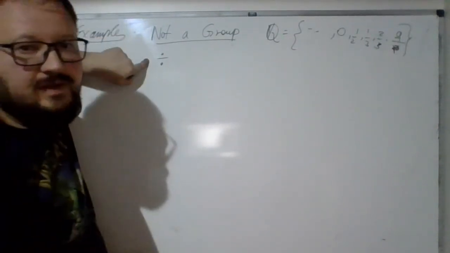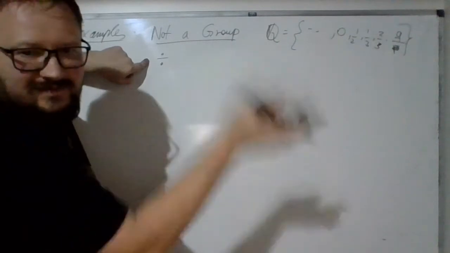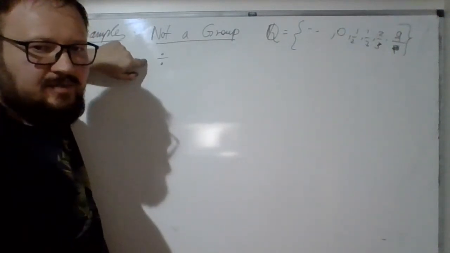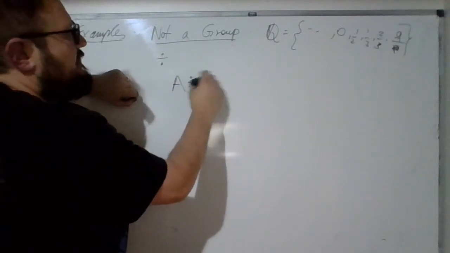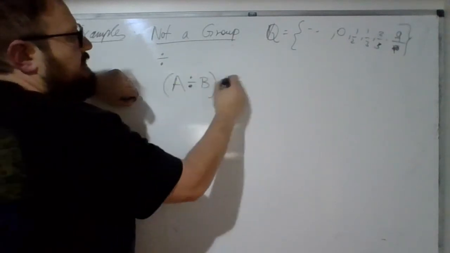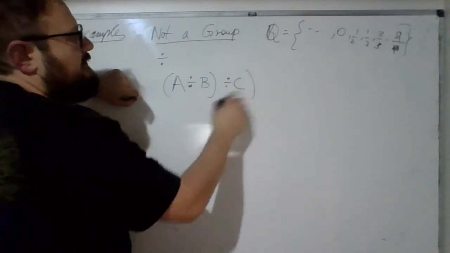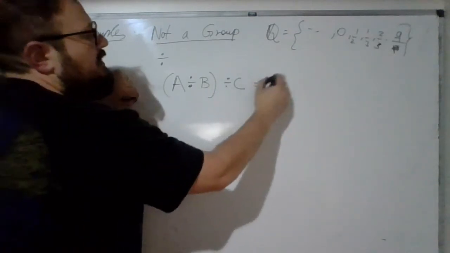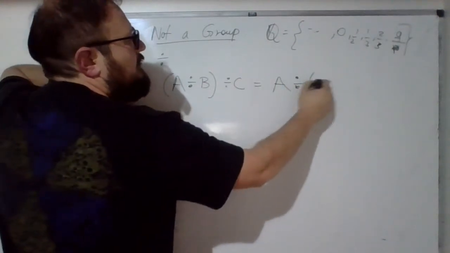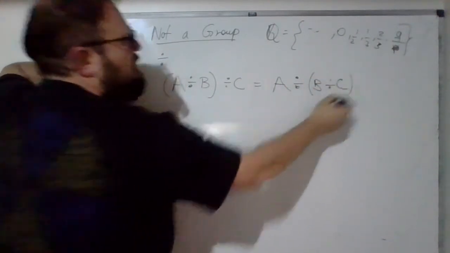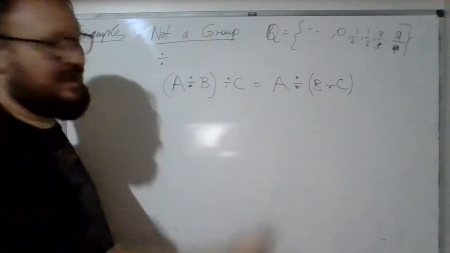this operation here, any set of numbers will not satisfy the properties of a group, because A divided by B divided by C is not equal in general to that. In general, they are not equal.